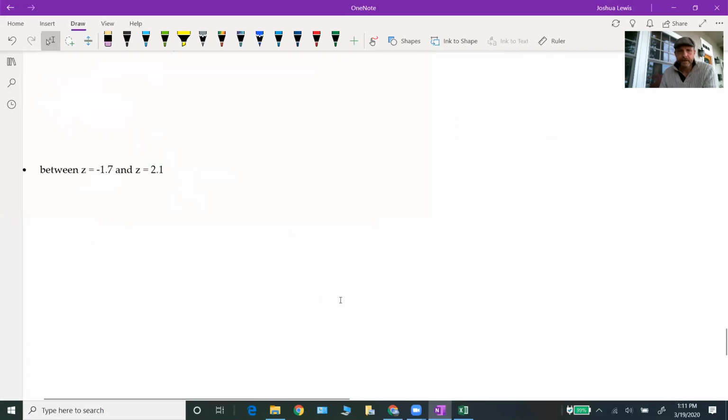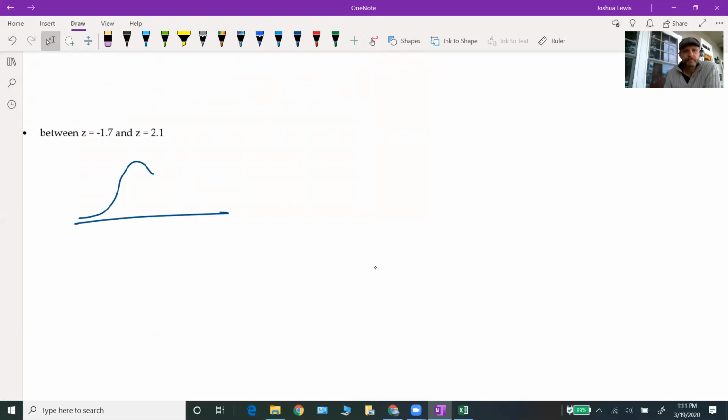And the last one, between. When we talk about between, we need to consider that as area.